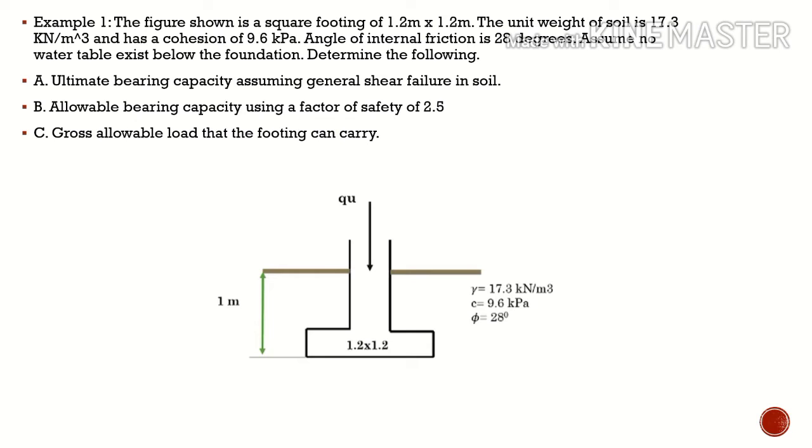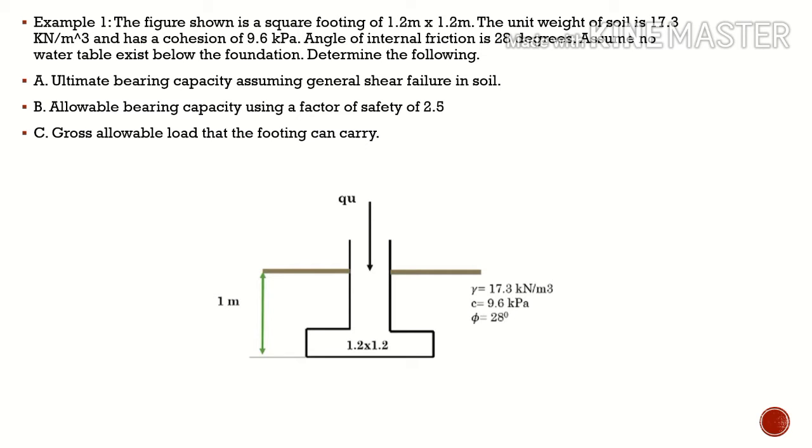Assume no water table exists below the foundation. Determine the following. A. Ultimate bearing capacity assuming general shear failure in soil. B. Allowable bearing capacity using a factor of safety of 2.5. C. Gross allowable load that the footing can carry.